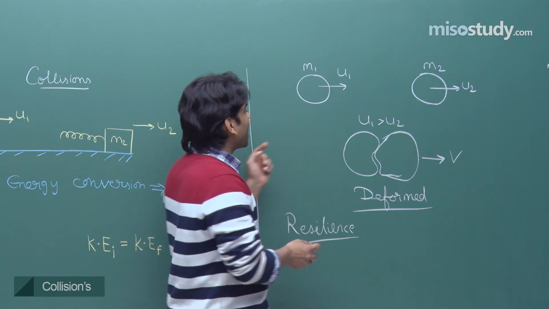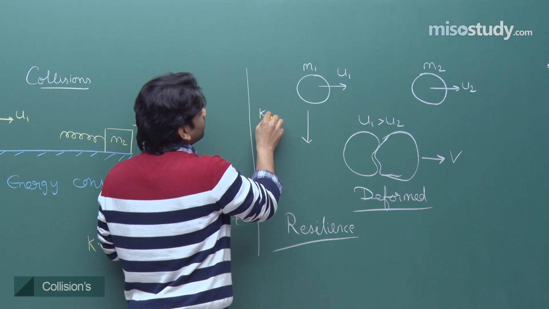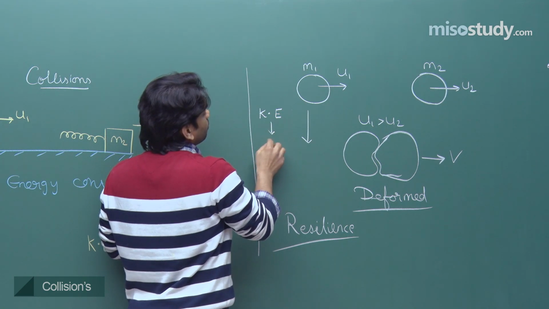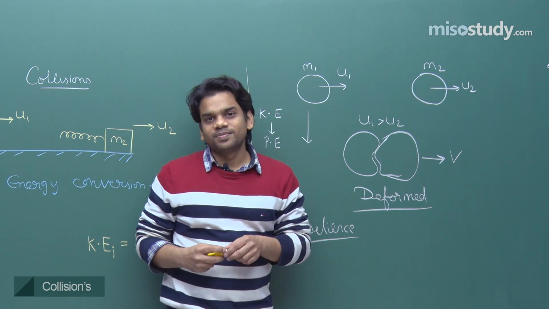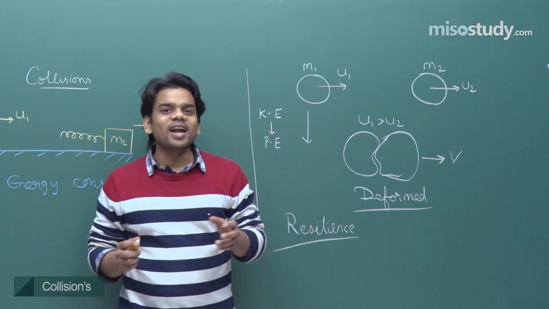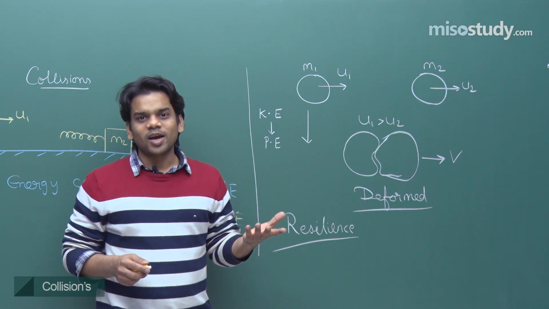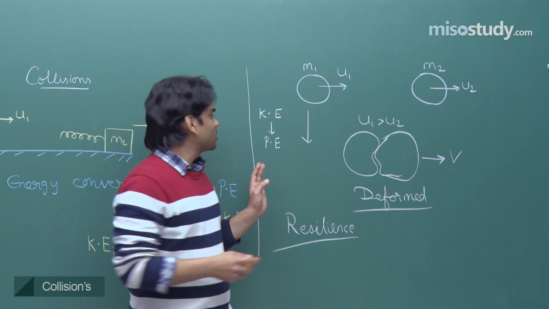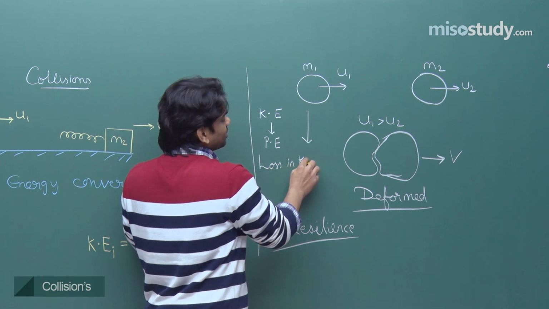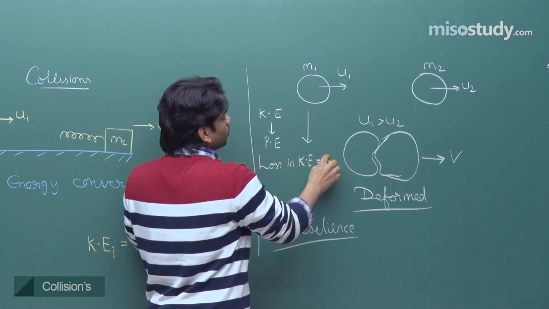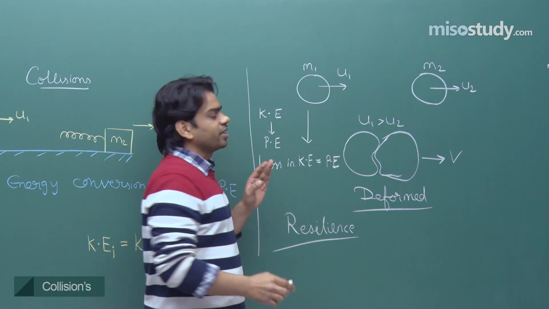So as you go from this situation, kinetic energy is getting converted into potential energy. This signifies that some kinetic energy is lost, and this loss in kinetic energy will appear in the form of potential energy of the system. So what I'm writing: this loss in kinetic energy will be equal to the potential energy of the system during the deformed state.